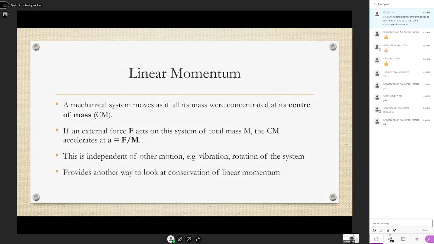Let's start. A mechanical system moves as if all its mass were concentrated at the center of mass. So now we come to this new concept, center of mass, CM.